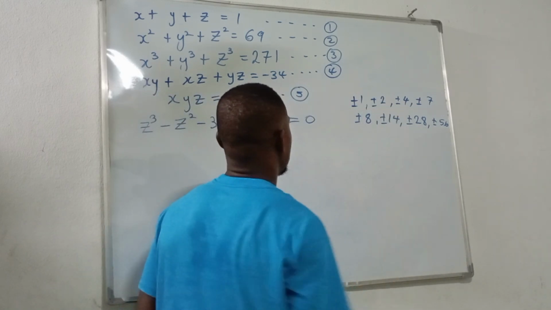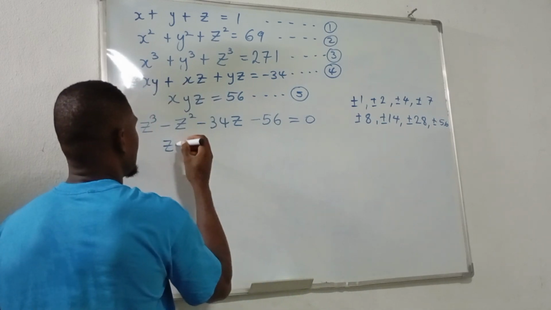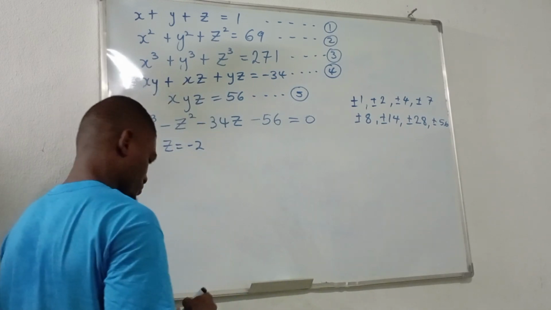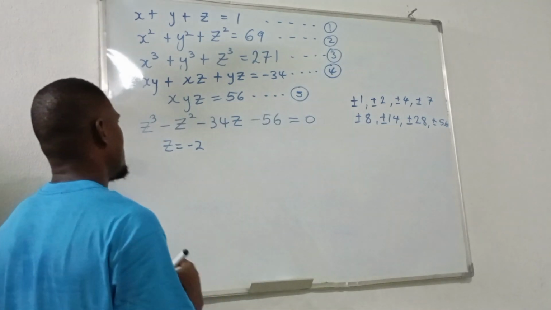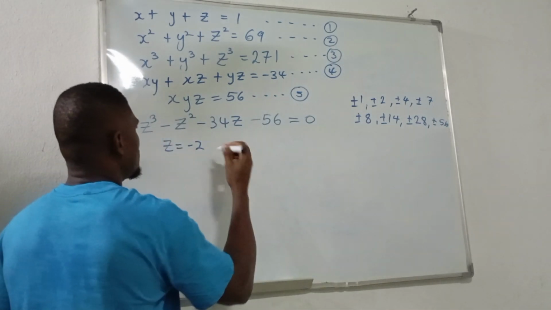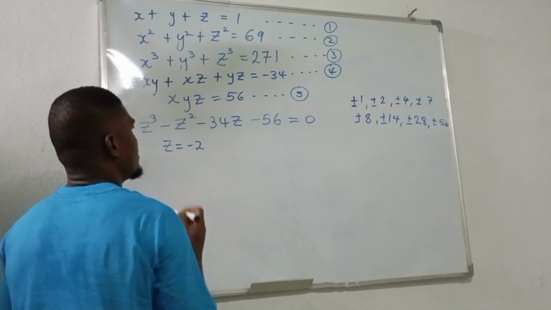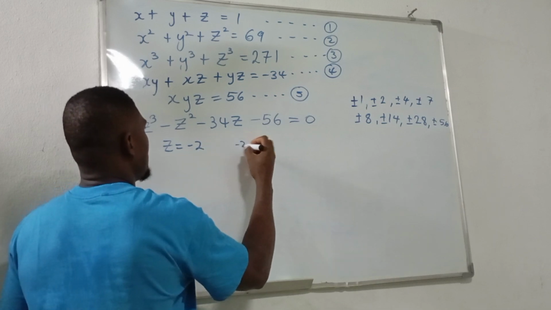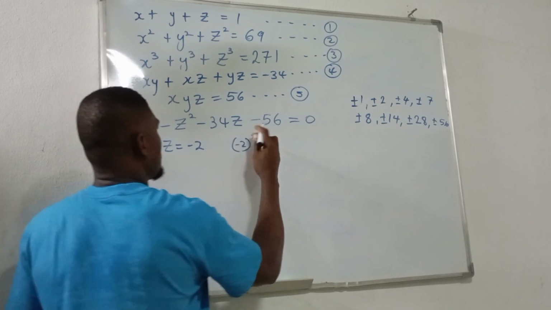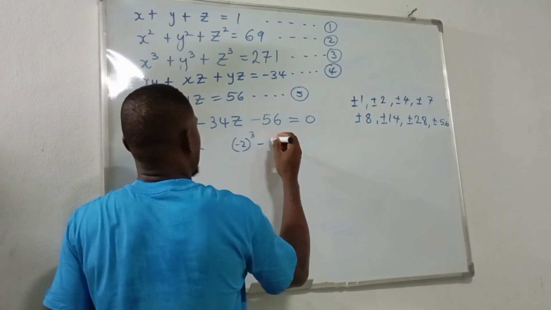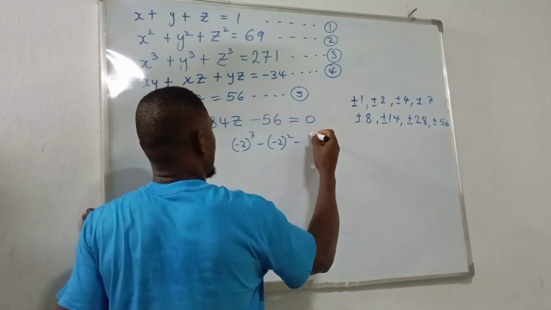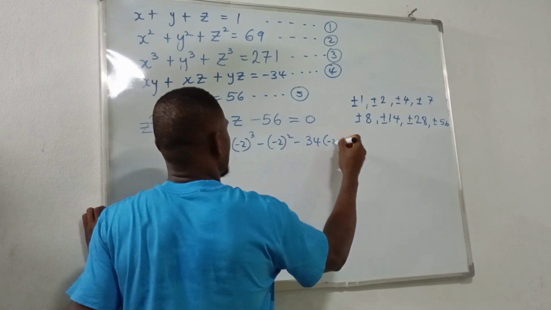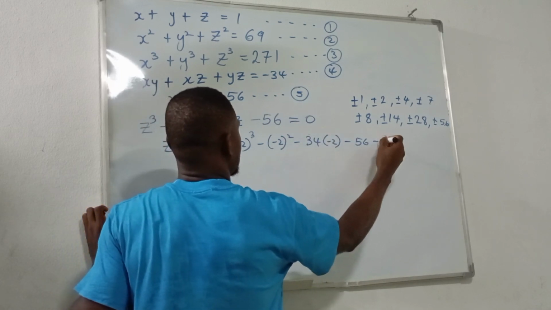Now, when z is equal to minus 2, we find out that it is going to give us 0. Let's check it out. You substitute here z as minus 2, we're going to have minus 2 cubed, minus minus 2 raised to the power of 2, minus 34 multiplied by minus 2, minus 56.